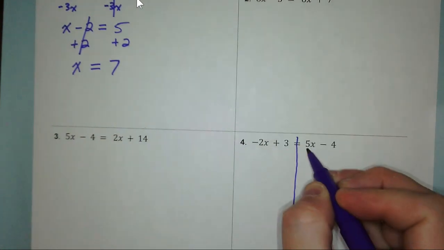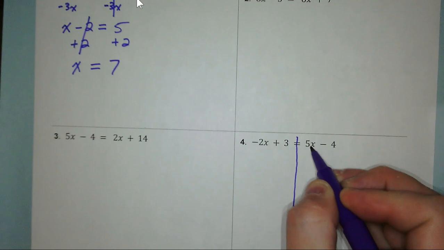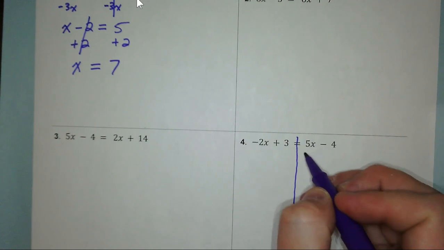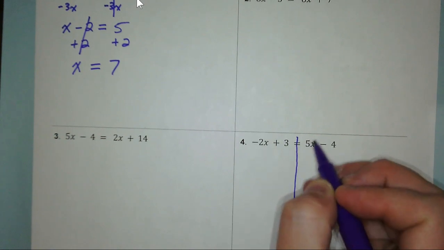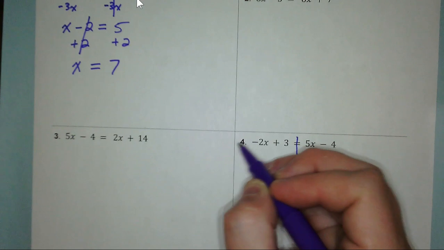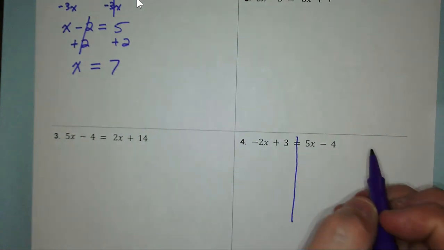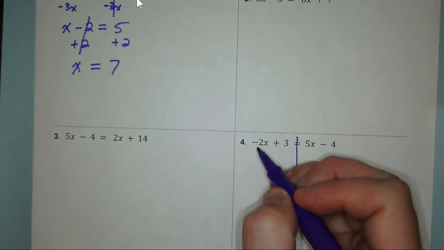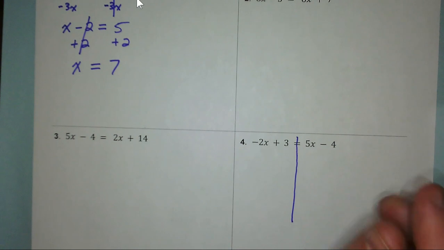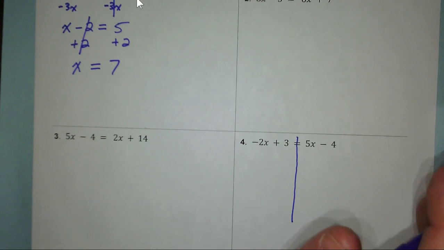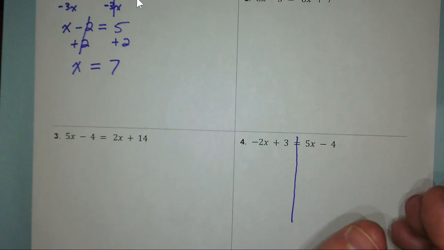I can subtract 5x from both sides, which means it will no longer be on the right side, and it'll only be on the left. Or what you can do is add 2x to both sides, because again, before these x's can combine, you have to get them on the same side of the equal sign.